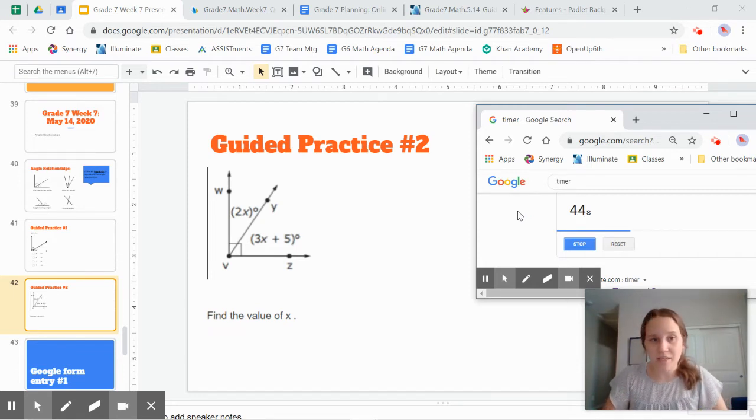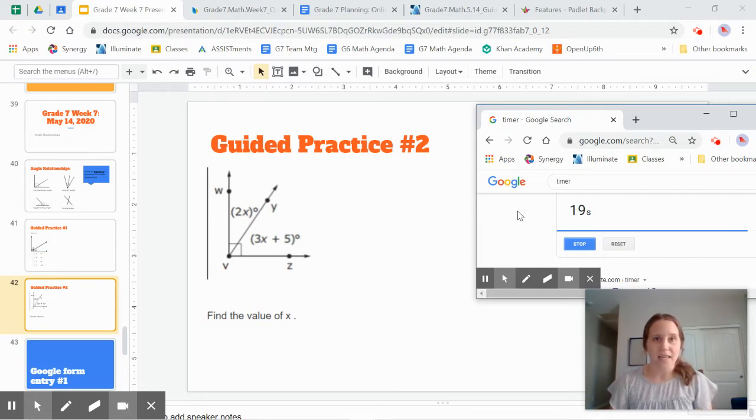The first thing I want you to do is identify what angle relationship is shown in the picture and use that to help you write an equation. We're halfway through our time. You should have your equation written. These are complementary angles, so they should add up to 90 degrees.